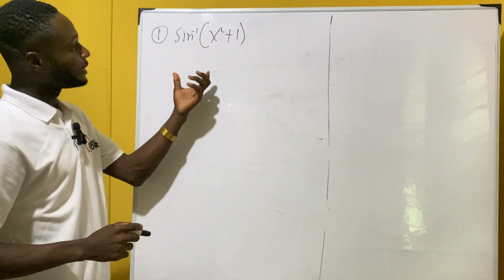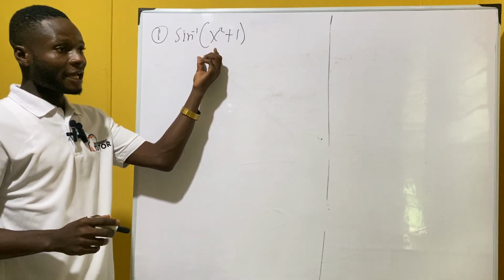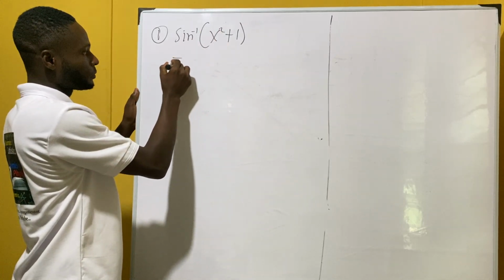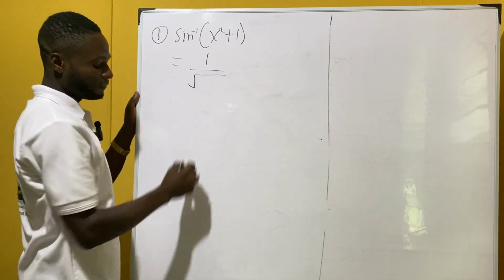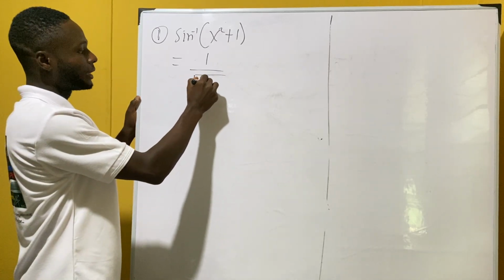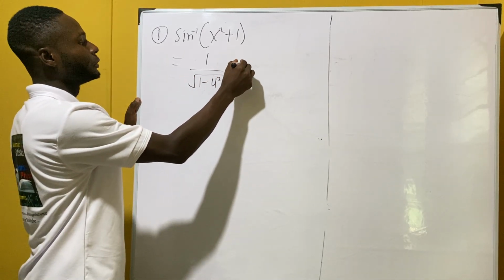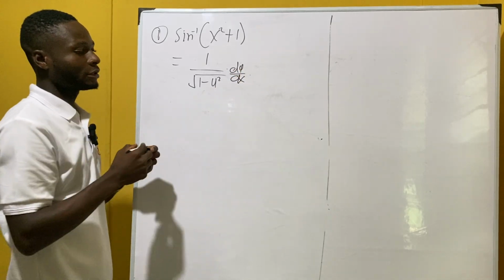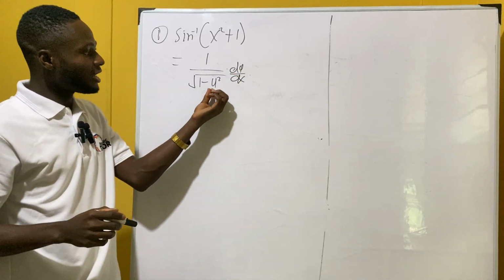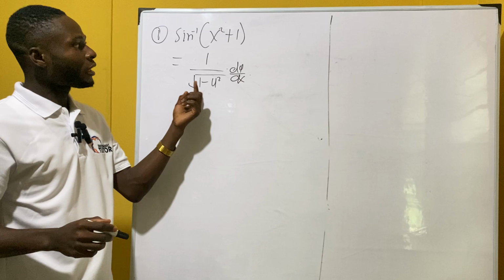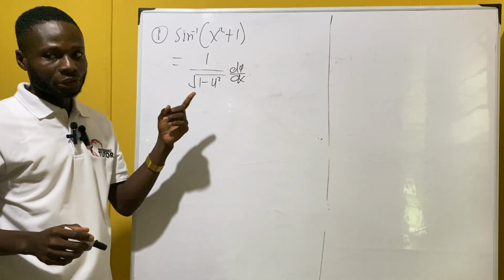And we know that the derivative of sine inverse of u is equal to 1 over square root of 1 minus u squared times du dx, right? So what we do right here is that we have to identify our u and then we identify our du dx.